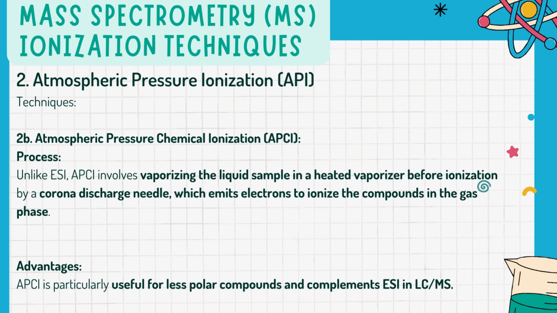Then a corona discharge needle, which is capable of emitting electrons, ionizes the compounds in the gas phase. The advantage is that it is particularly useful for less polar compounds and complements ESI in LC-MS. So again, if we are trying to analyze liquid samples, atmospheric pressure ionization, specifically atmospheric pressure chemical ionization or APCI.